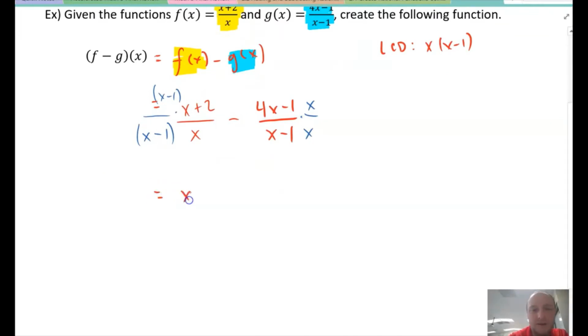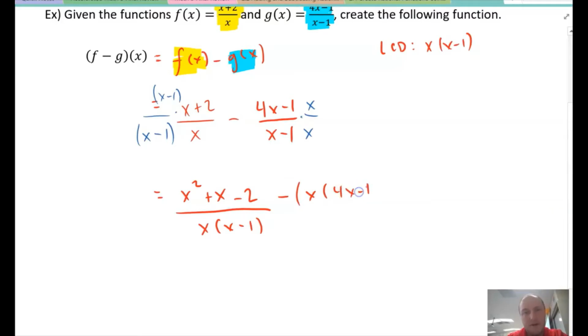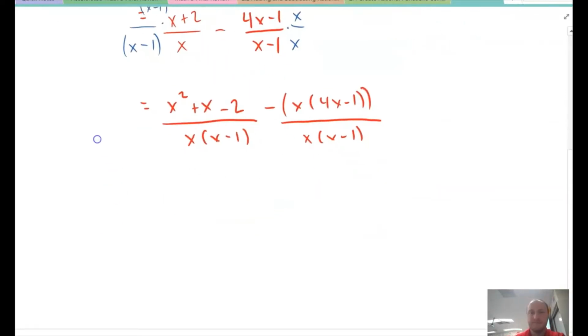And what I get: x times x is x squared, x times positive 2 is positive 2x, negative 1 times x is a negative x, so all we have left over is a positive x, and negative 1 times negative 1... the constant is minus 2. Over our LCD, minus, and I'll put this in parentheses, x times 4x minus 1, all over x times x minus 1. I could have distributed that.